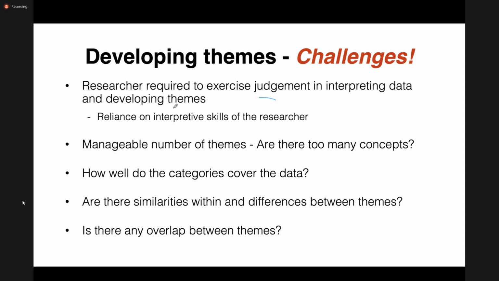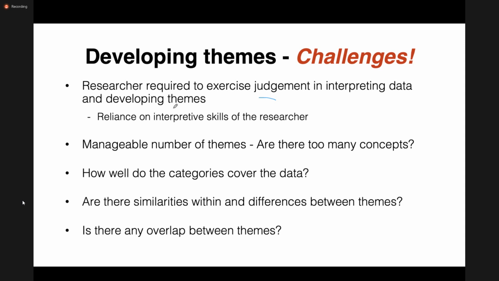So in the exercise that we did, the codes that I came up with might not be the exact codes that you come up with. You might use your own phrases, your own terminology, you might do the coding in a different way.